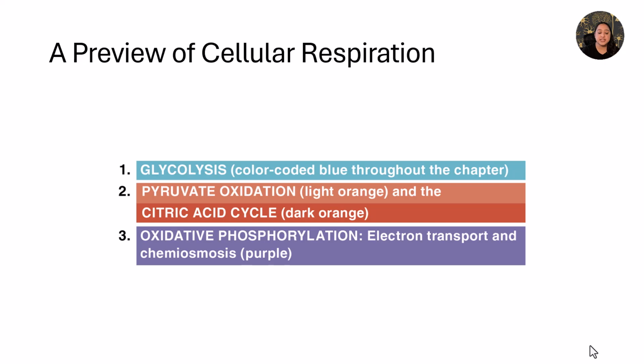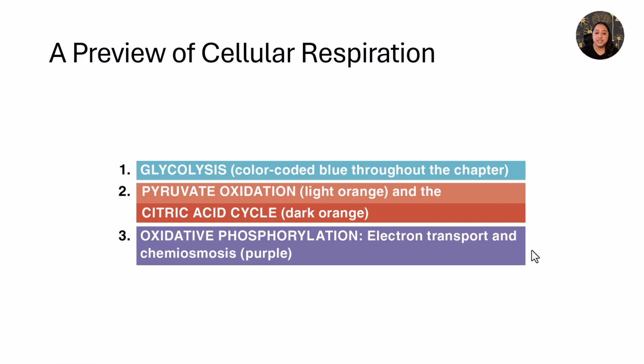But so there is pyruvate oxidation and the citric acid cycle. And so our textbook is color coding them this way. Glycolysis is going to be in blue. Pyruvate oxidation and the citric acid cycle are going to be in orange. And then the third stage is oxidative phosphorylation.